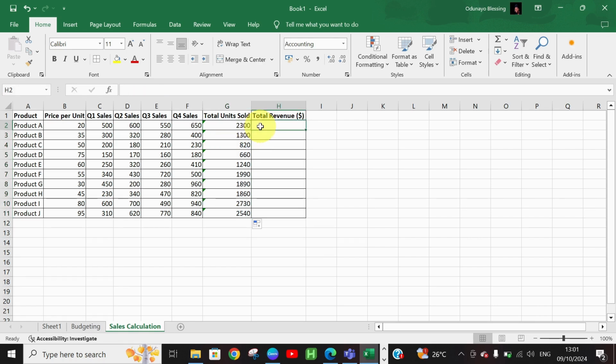For us to get the total revenue, it's going to be equality sign of this, then you multiply it by this.